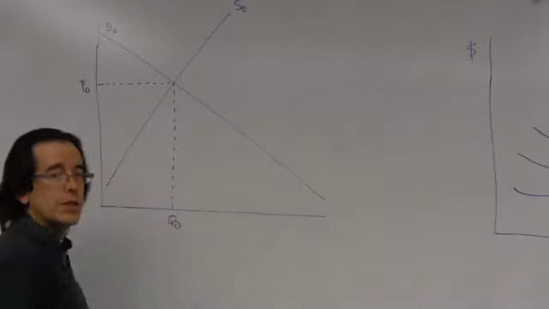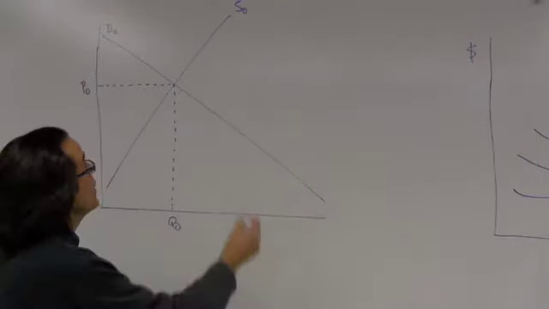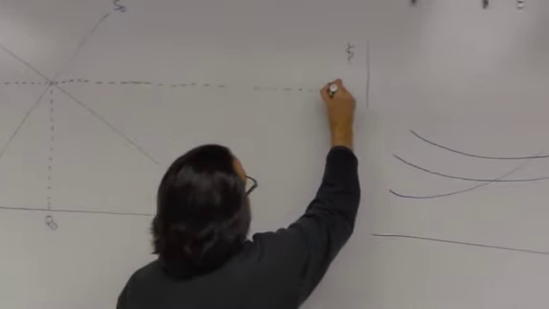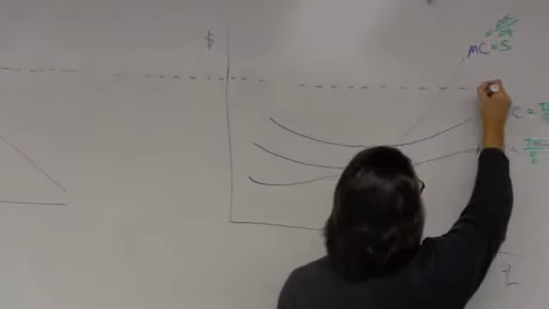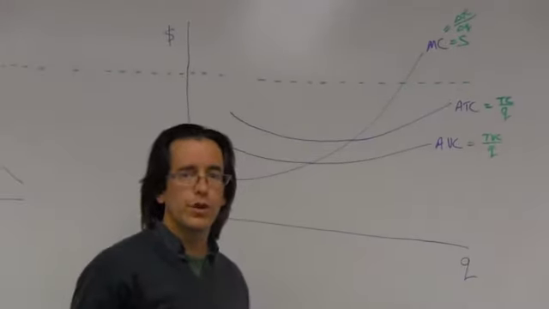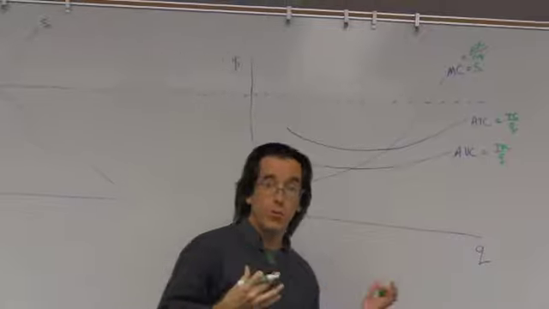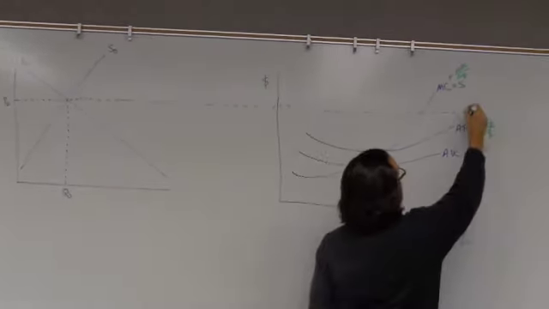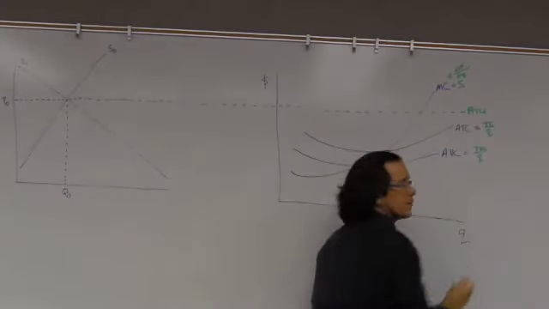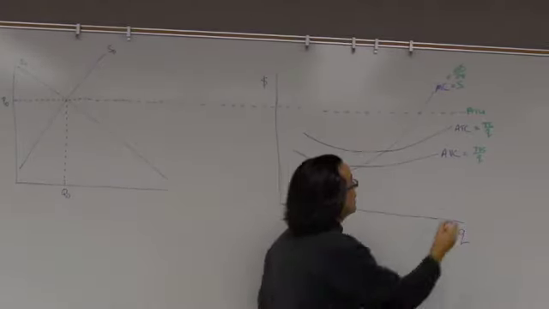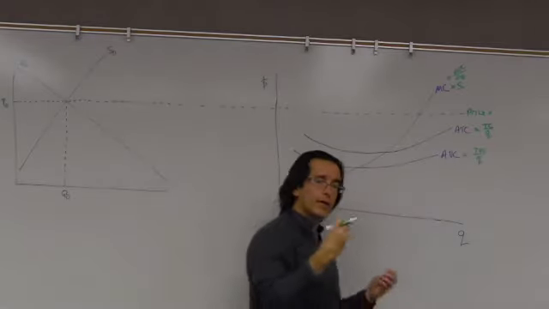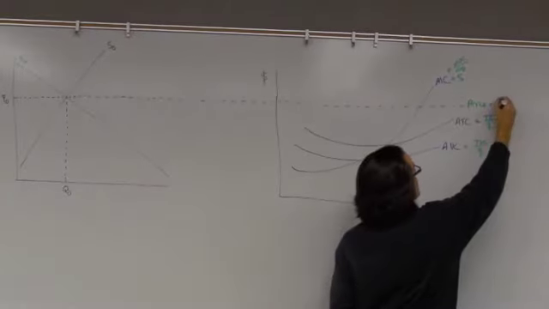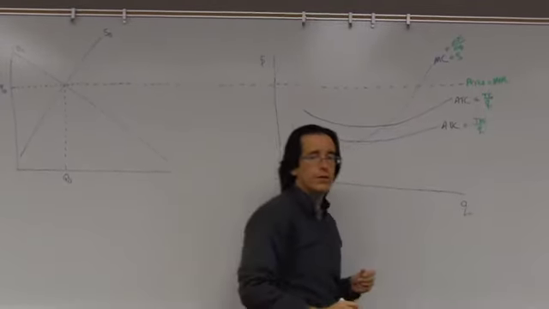So we've got this equilibrium price, this market price. The price is simply transferred over to the individual firm. The individual firm hears the market price. For the individual firm, which has no influence over the market price, that price is the marginal revenue.